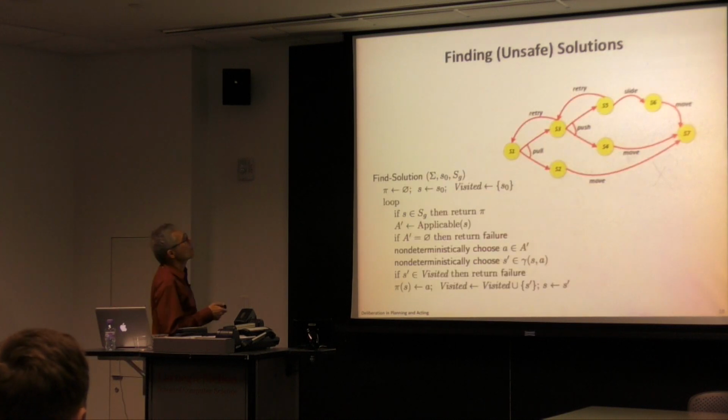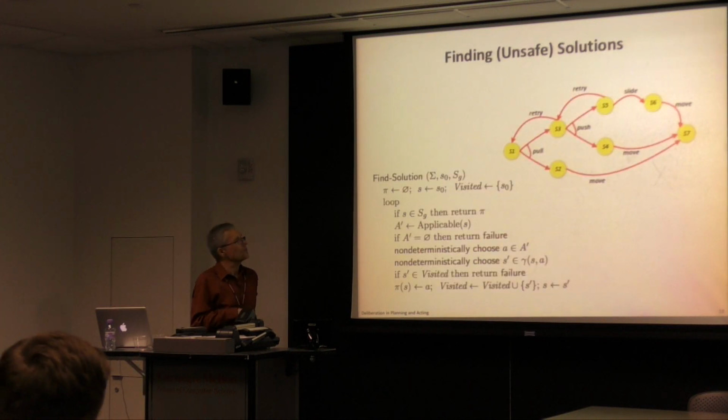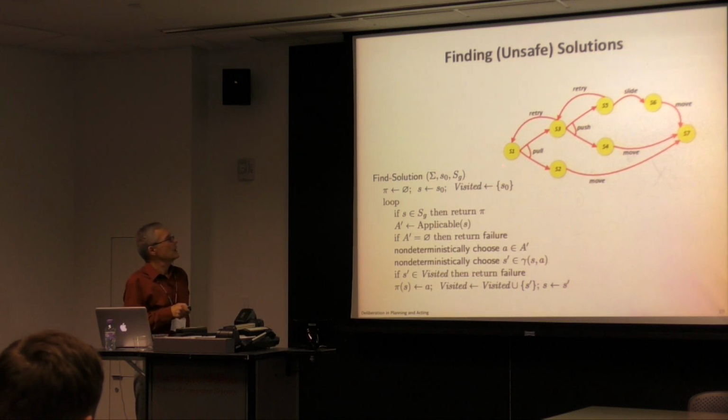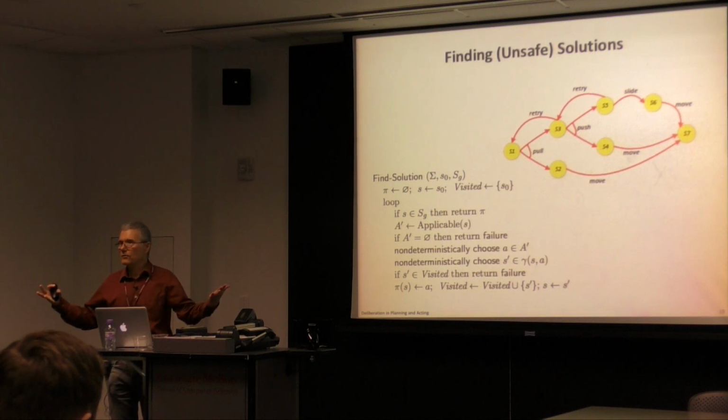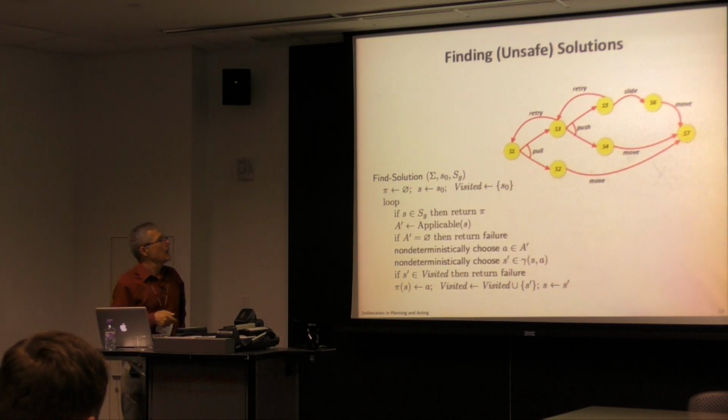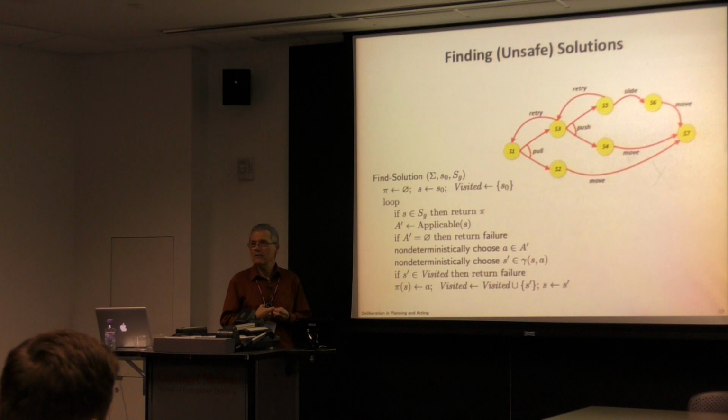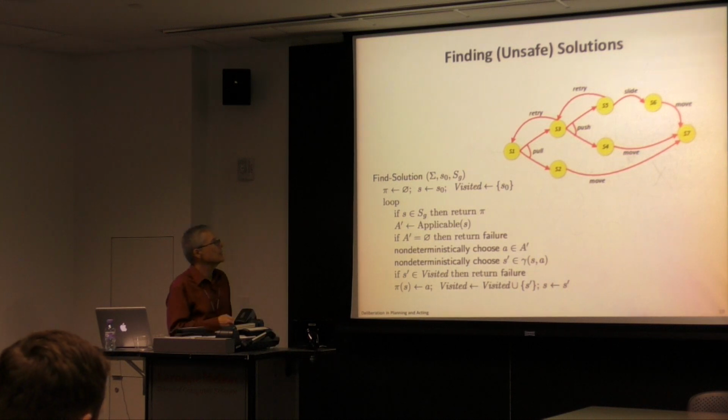Okay, so here's a procedure for finding unsafe solutions. What it does is it chooses an action arbitrarily. There's only one possibility here, so it would choose pull. It then chooses arbitrarily one of the outcomes of that action. Whichever outcome it has chosen, it then chooses an action to perform in that state and keeps going until it either reaches a dead end or reaches a solution.